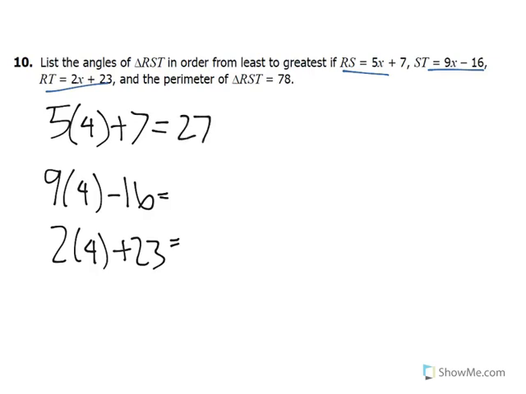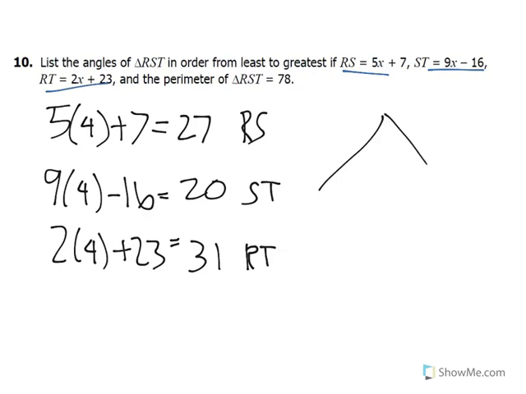So here we're going to have 27. So that is side RS. Here we're going to have 20. So that is ST. Here we're going to have 31, and that is RT.